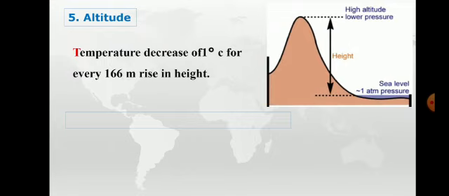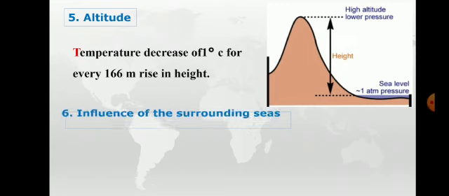So the mountains are cooler than the plains. For example, when you take Shimla and Delhi, Shimla is cooler than Delhi because Shimla is a hill station. So you can see people prefer to go to hill stations in the summer season, isn't it?